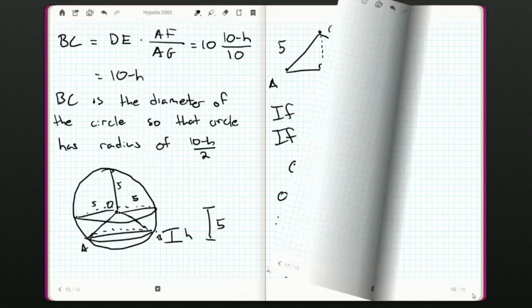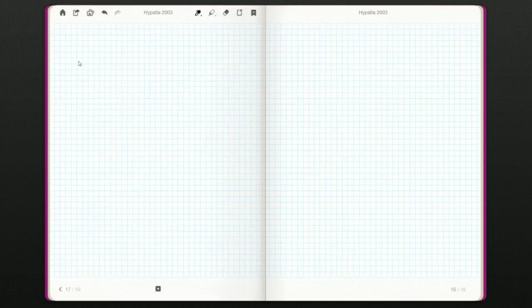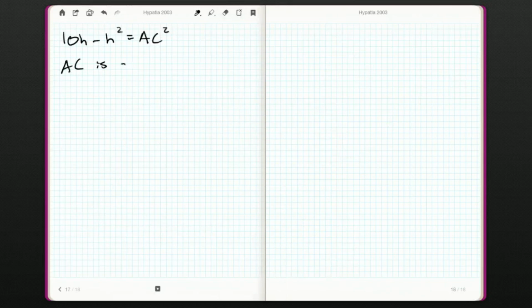Okay. So if we rearrange these, the 25s are going to cancel each other out. And we're going to be left with 10h minus h squared is equal to AC squared. Okay. Now AC is a radius.